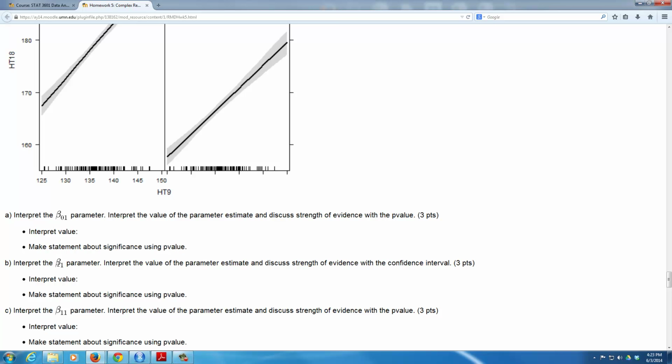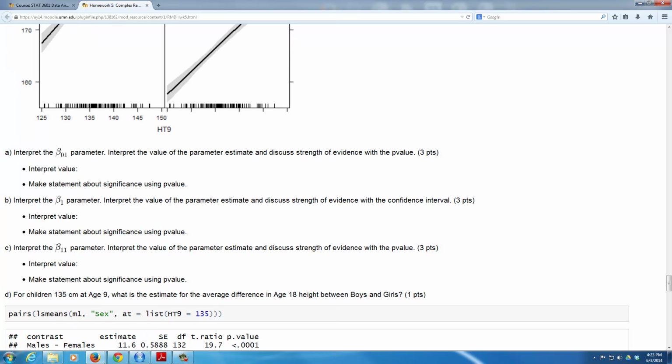The beta 1 parameter is the slope parameter for the males between the height at 9 and the height at 18, and I'm going to have you use a confidence interval to present your strength of evidence and your conclusion about the connection between those two variables.